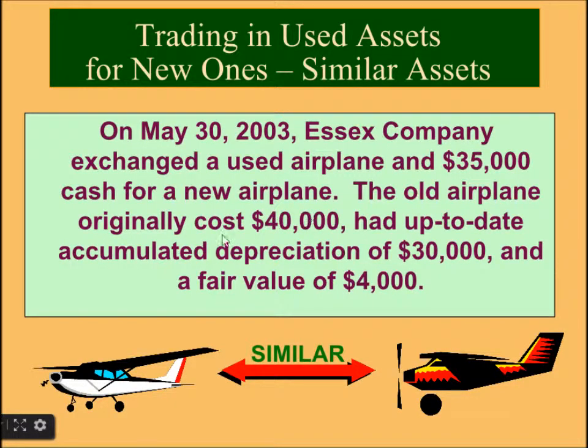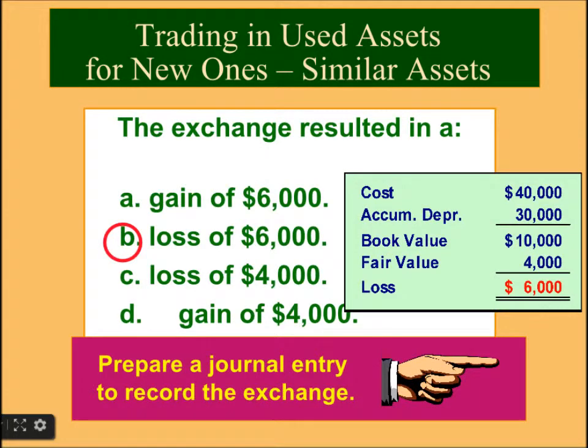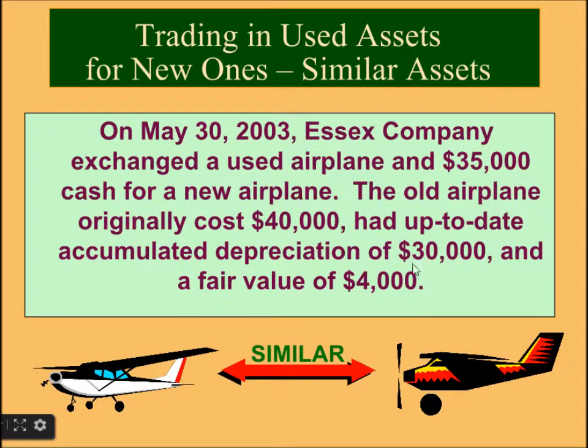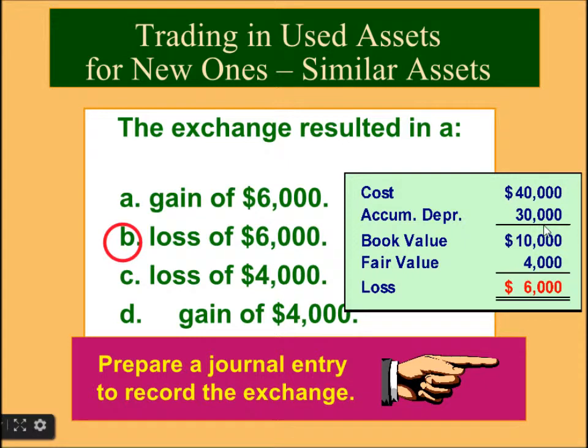The cost of the original old airplane was 40,000, and it is saying that there is an accumulated depreciation of 30,000. So 40,000 minus 30,000, book value is 10,000. Then again it mentions that the fair value is 4,000.